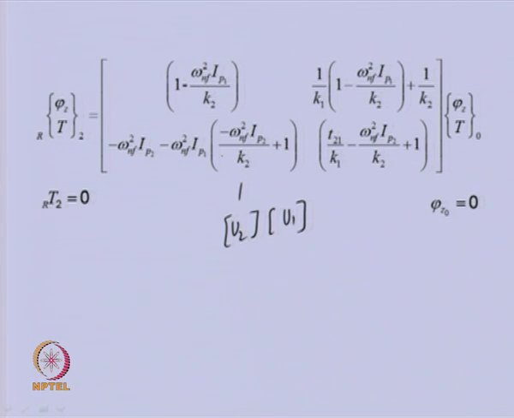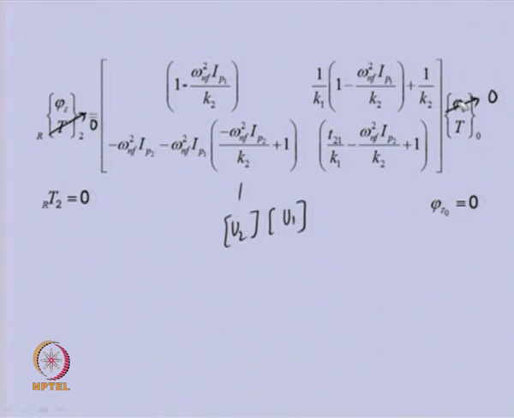Now in the present case, the boundary condition is that station 2 is free, so there will not be any torque, and station 0 is fixed, so the displacement will be 0 there. So we can apply this boundary condition here. This is a different boundary condition as compared to the previous ones.